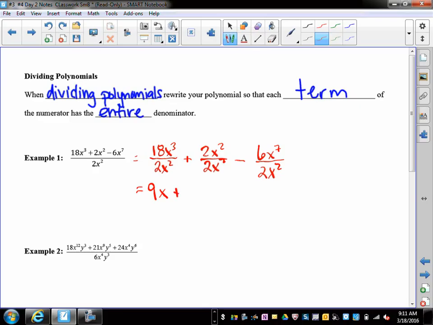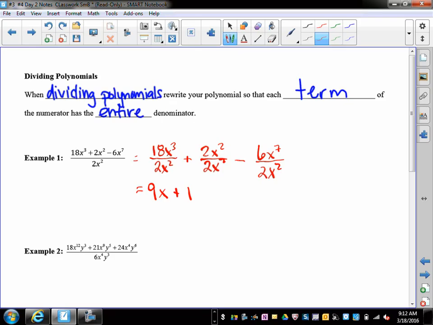Okay, what's 2 divided by 2? 1. What's x squared divided by x squared? It's 1. Good, Natalie.